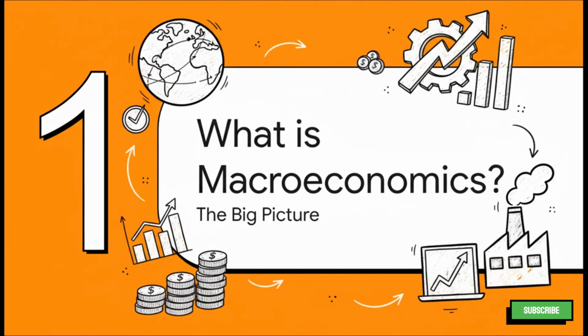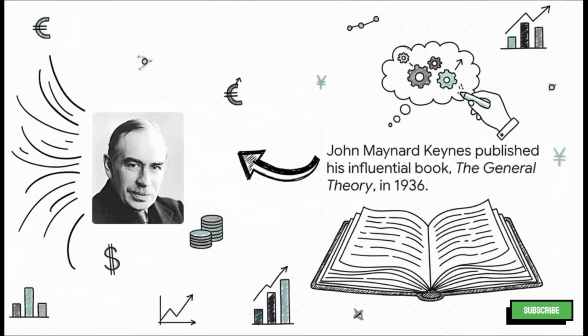First up, let's get our heads around the big picture of macroeconomics. Why is this subject so incredibly important? Well, you can't really talk about modern macroeconomics without talking about John Maynard Keynes. It was his game-changing book from 1936, The General Theory of Employment, Interest, and Money, that pretty much laid the foundation for this whole field as we know it today.